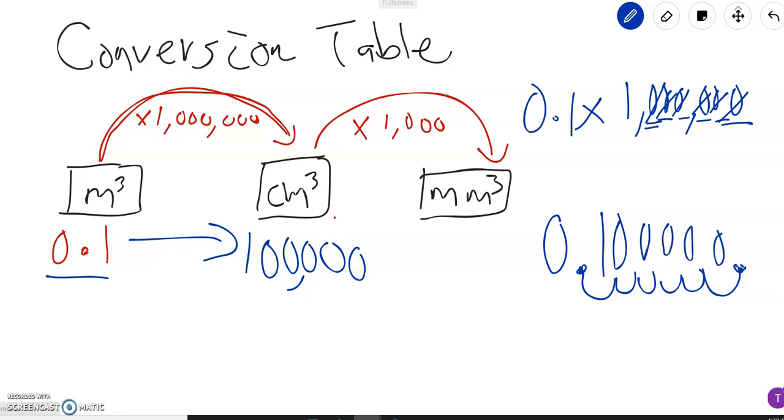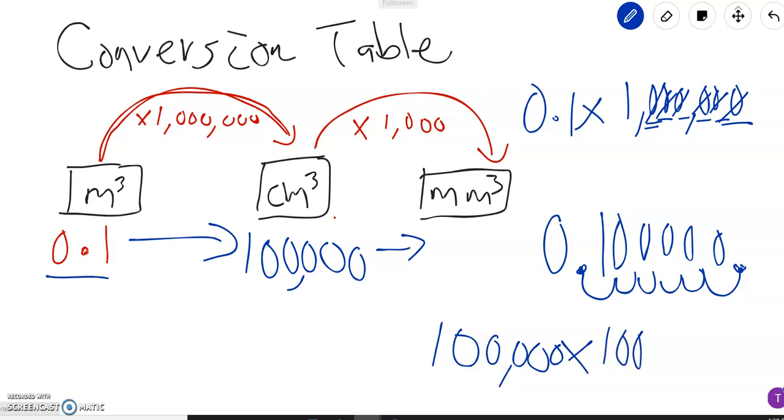cubic centimeters. And then if we were going to go even one step further, we would do 100,000 times 1,000. And remember, we just keep moving our decimal point by how many zeros there are. There are 3 zeros.